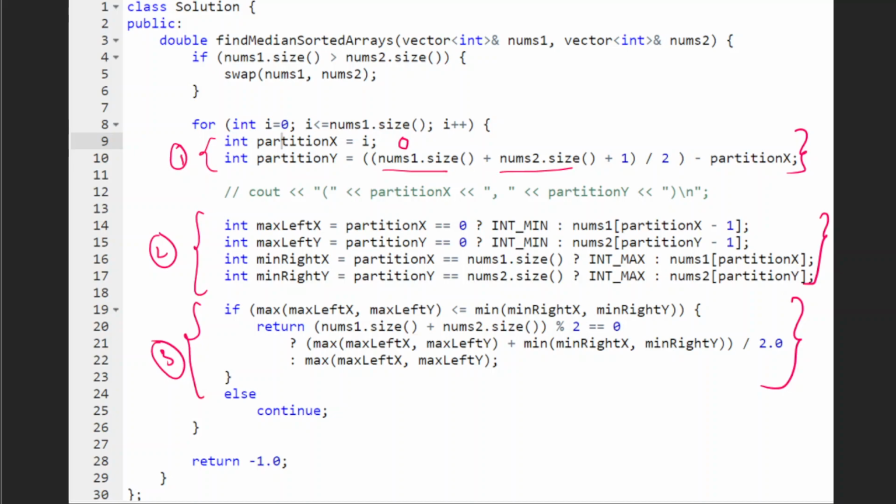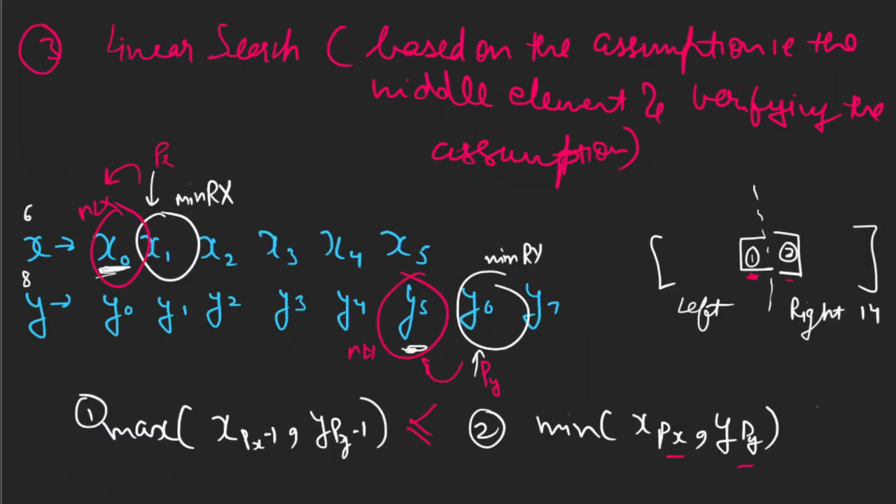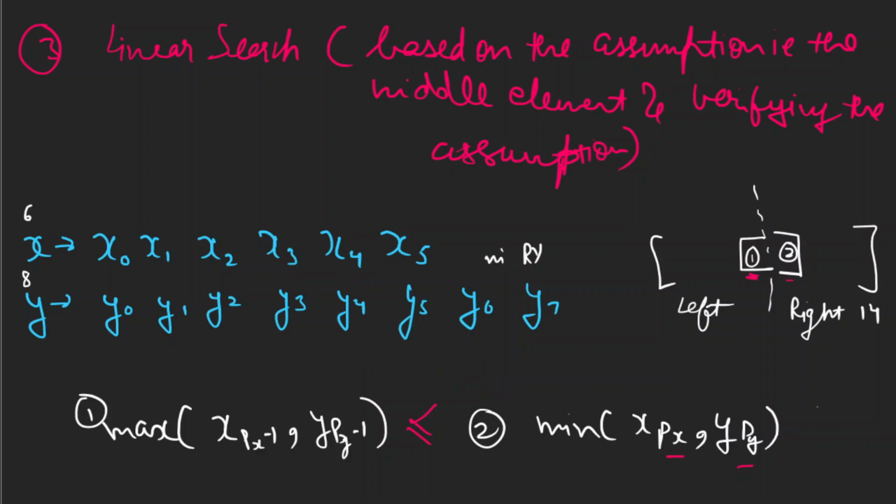After calculating, one other thing: if we have int minimum, what do we mean by int minimum here? If our array is at 0, let's say your partition point is now pointing on this one.